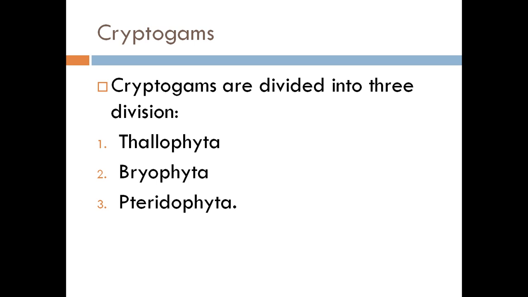One is Thallophyta, next is Bryophyta, and third is Pteridophyta. Just listen to the names, how I am pronouncing them. One is Thallophyta. Phyta is pronounced as phyta: thallophyta, bryophyta and pteridophyta. In the third, P is silent, so it is called pteridophyta.